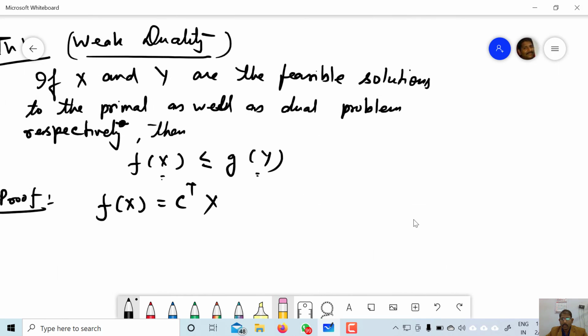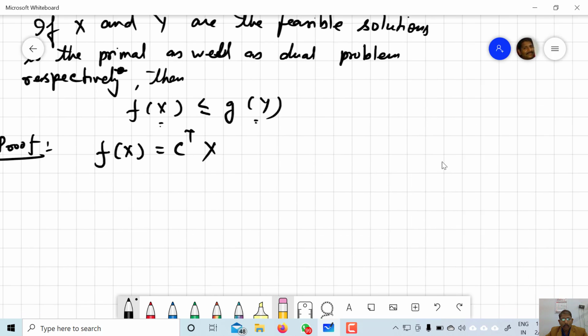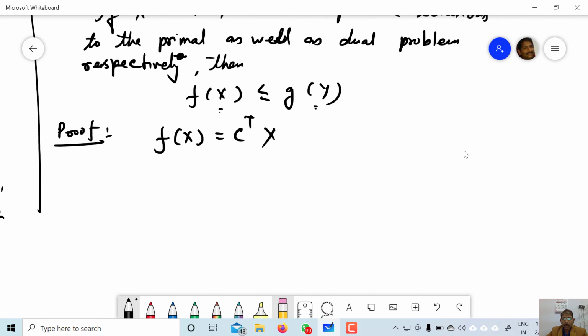So I am going to write this here. The condition is that A transpose y is greater than or equal to C. So in place of C, we are going to place this.